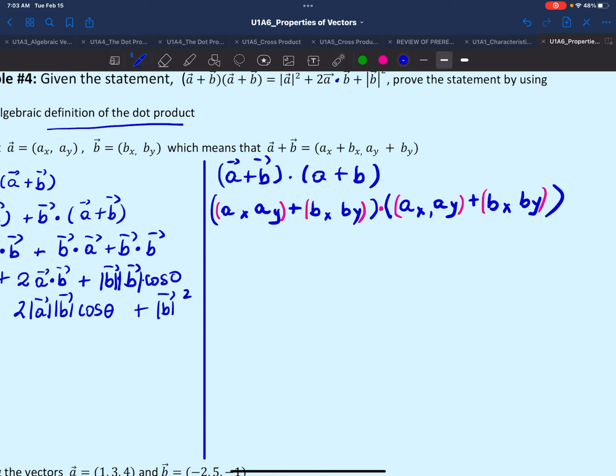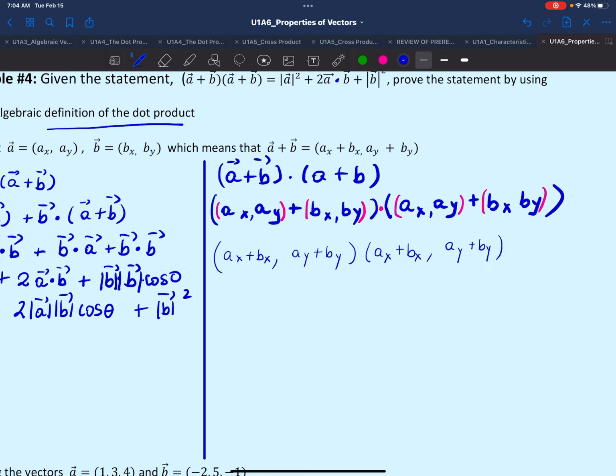So we'll say that AX, AY plus BX, BY would equal AX plus BX, and then AY plus BY. So these are the coordinates of vector A plus B, which multiplies itself, AX plus BX, AY plus BY.